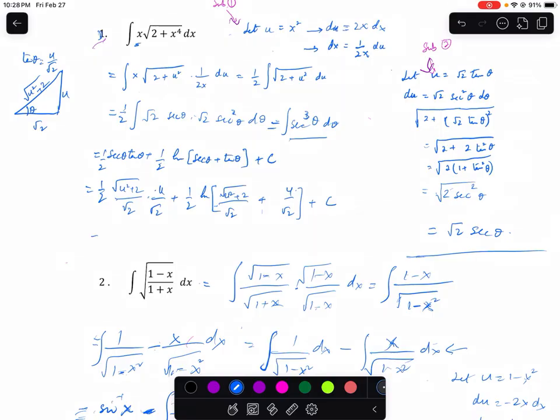So the final answer will be, well, this is giving you 2, so we get 1 over 4 now. And then I have u times this quantity.